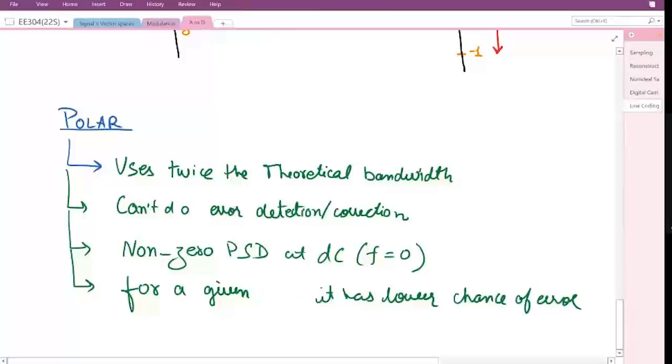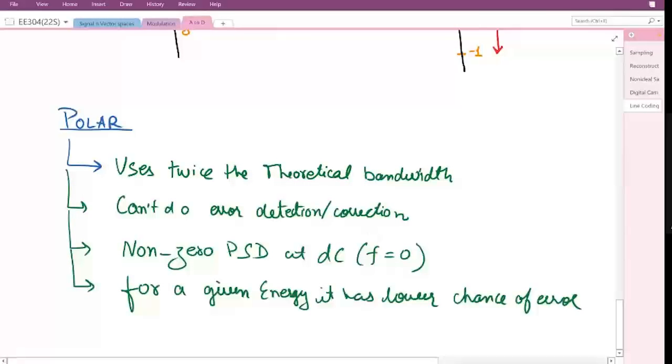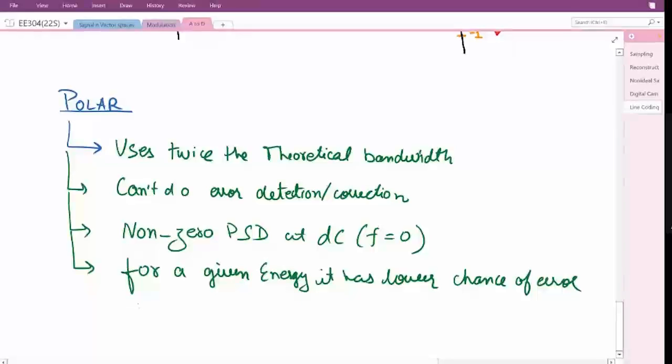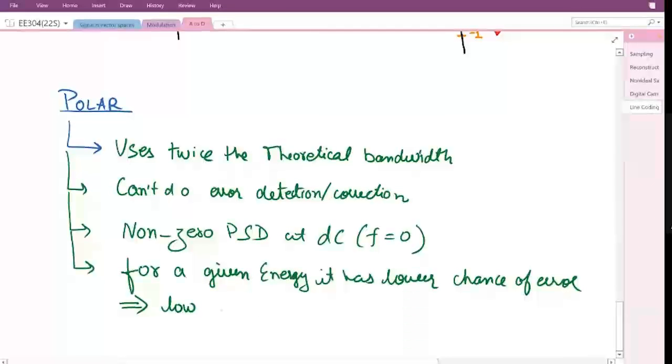I should say, for the same energy, that eventually implies low probability of error, low error probability.